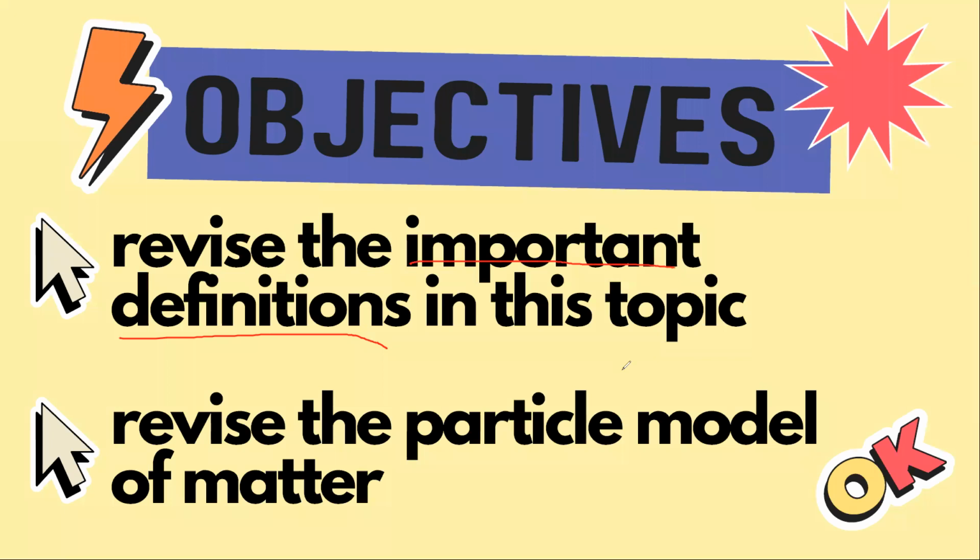Definitions mean meaning. Number two is to revise the particle model of matter. Teacher, until today, I don't know what the particle model of matter is. You cannot say that, I've already told you so many times in class. Okay, let's go.